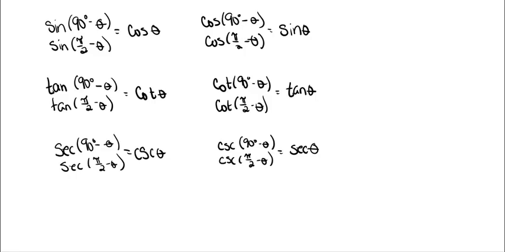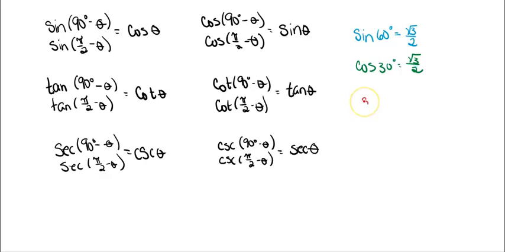Okay, and here's an example using what we did before. If I said the sine of 60 degrees, we know that is the square root of 3 over 2. We also learned that the cosine of 30 degrees is equal to the square root of 3 over 2.